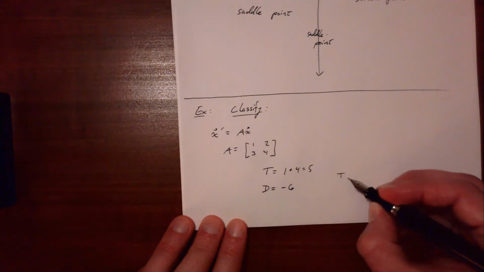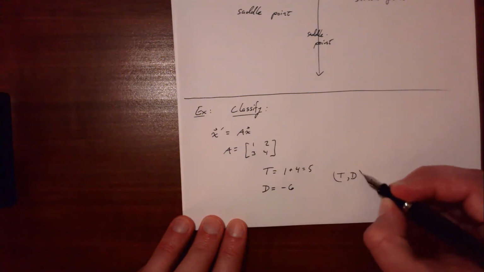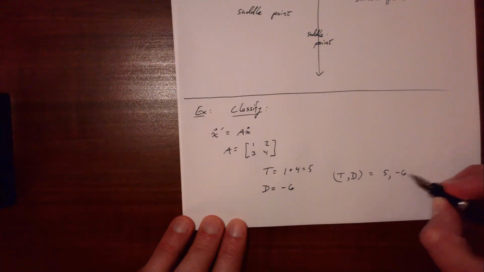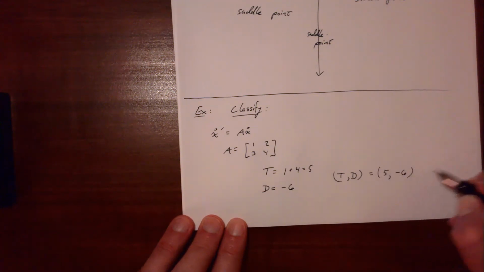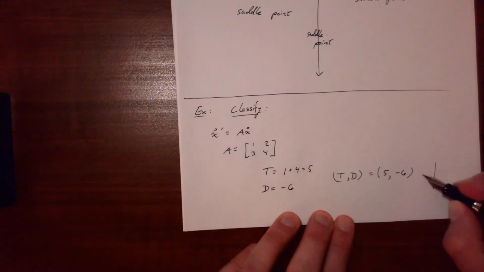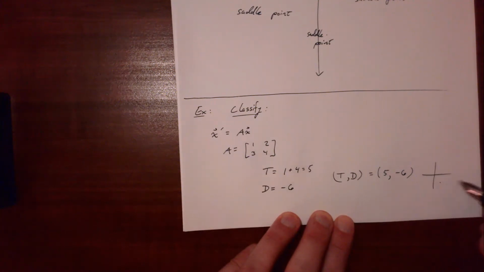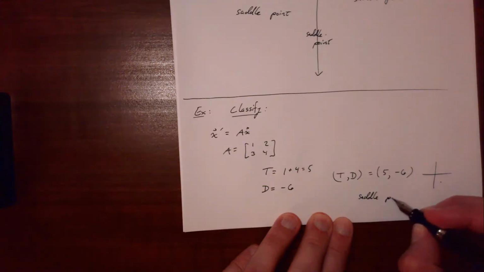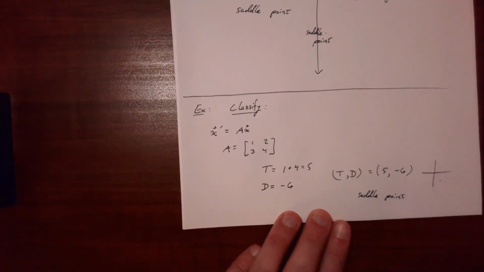So T, D equals 5, negative 6, and that puts us down here, so it's a saddle point. Nothing very hard about that.